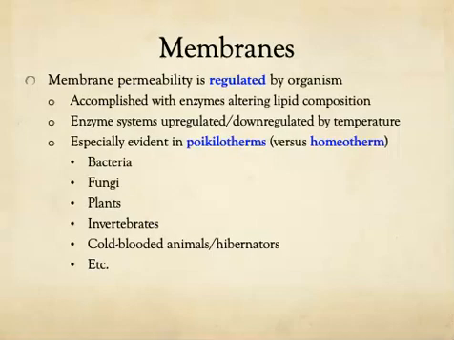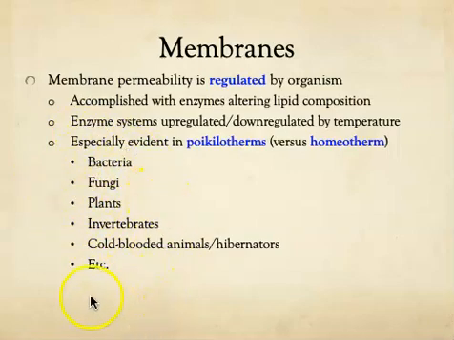Bacteria, for example, fungi, the plants, and even certain animals, including invertebrate animals and cold-blooded animals and seasonal hibernators. All of these types of organisms are considered to be poikilotherms.